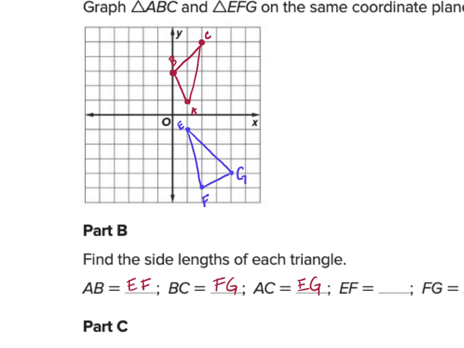Whereas AC should be congruent to FG. Again, AC should be congruent to F.